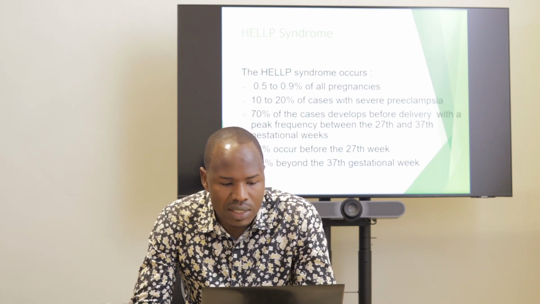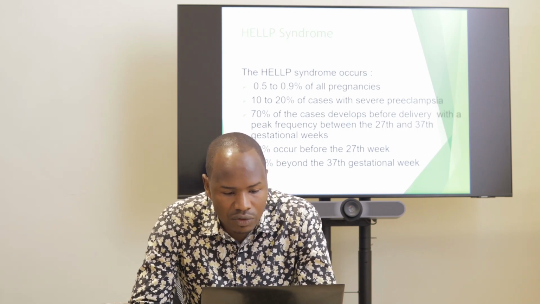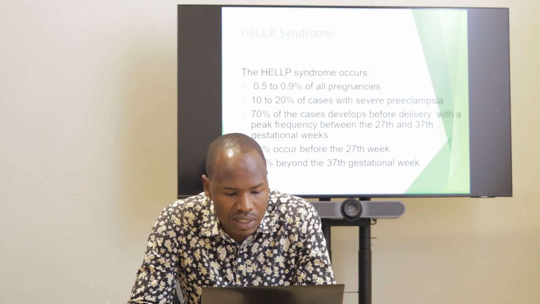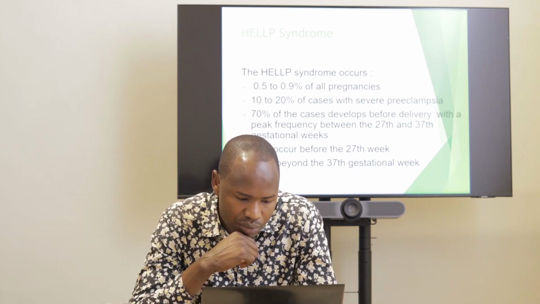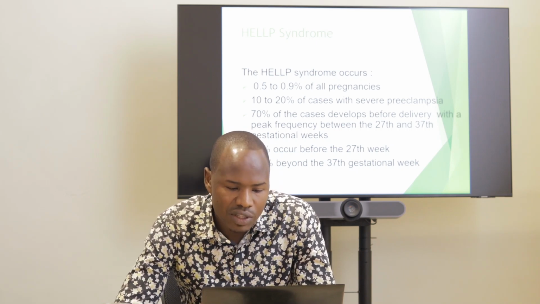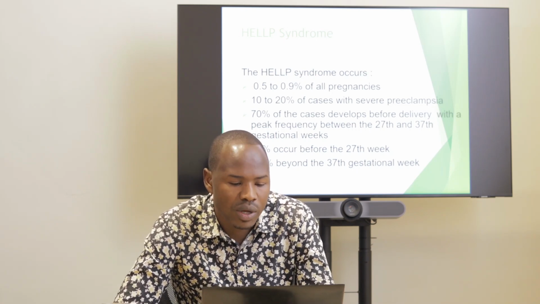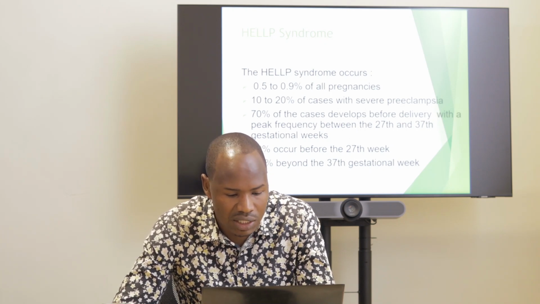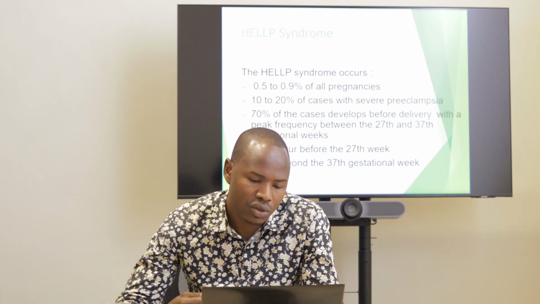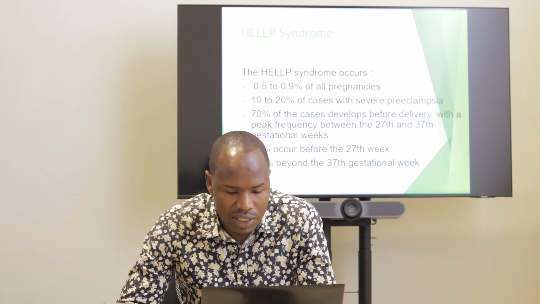This syndrome occurs in 0.5 to 0.9% of all pregnancies, and 10 to 20% of cases with severe preeclampsia are also at risk of developing this HELLP syndrome. 70% of the cases develop before delivery with a peak frequency between 27 and 37 weeks of gestation. 10% occur before 27 weeks.